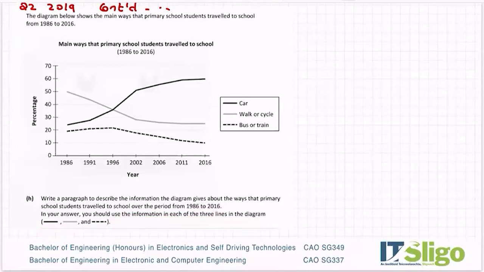Okay, so let's describe what happens from 1986 to 2016, and it wants us to do each one. So let's take each line as it comes. So let's do the grey one for no reason at all. Walk or cycle. Okay, so let's write.